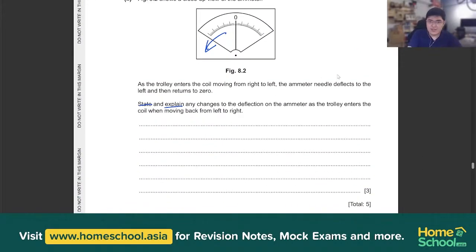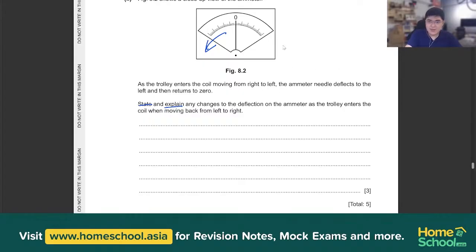First thing what we do know is that when the trolley moves from right to left, the ammeter deflects leftwards. Okay? And when the trolley moves from left to right, the ammeter should also continue to deflect left, and there's no change in the motion. But there is a change in the amount of deflection.